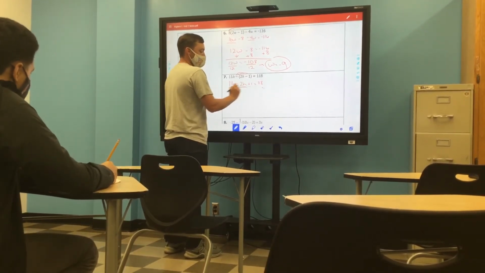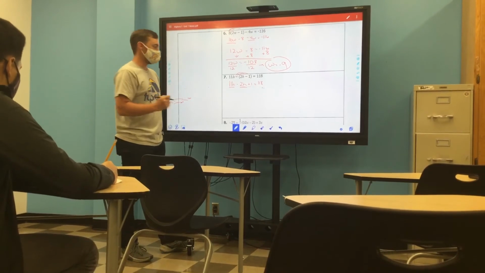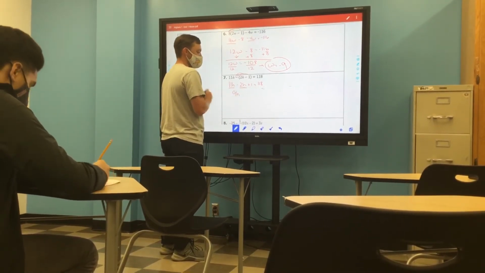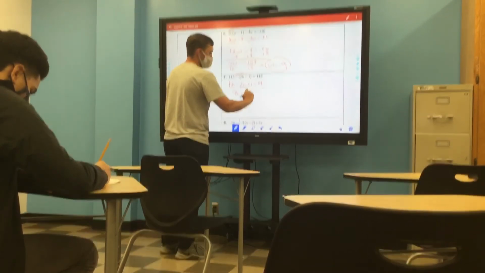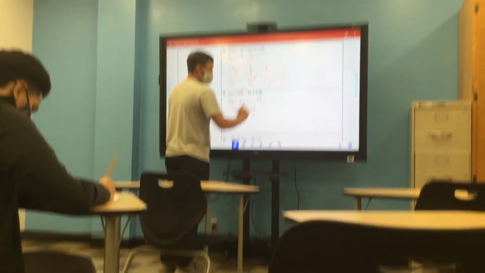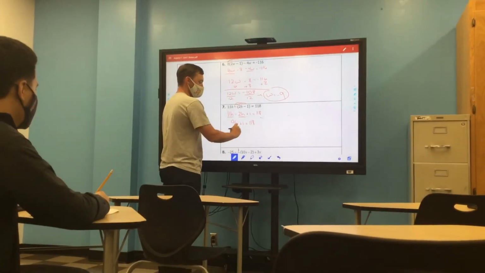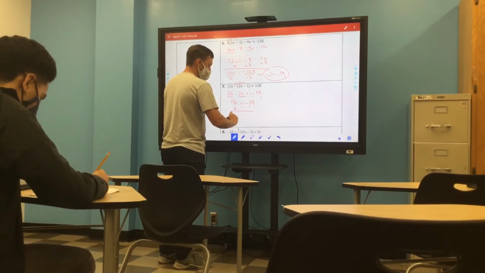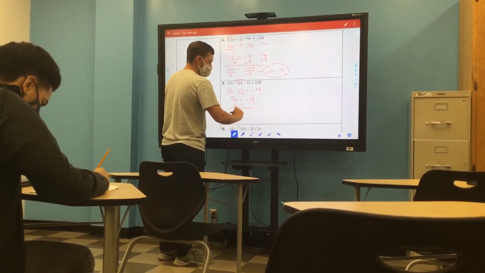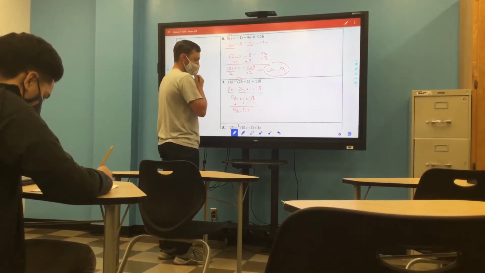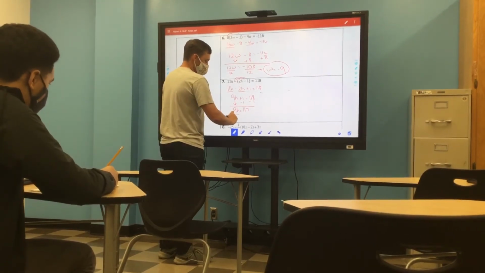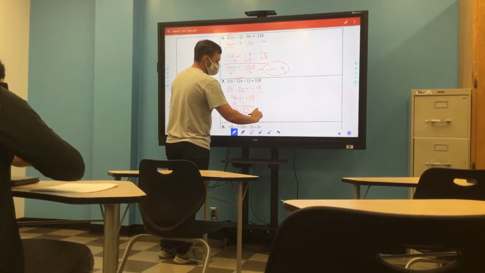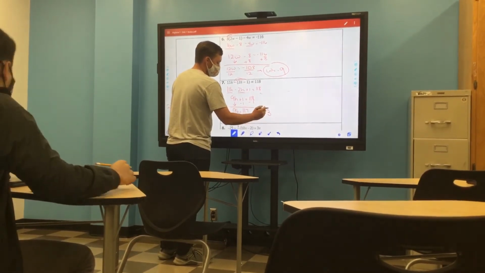These are your like terms, 11H and 2H. 11 minus 2 is 9. And 9H plus 1 is equal to 118. Subtract that 1, drop down your 9H, you got 9H is equal to 117. Divide by 9, and H is equal to 13.